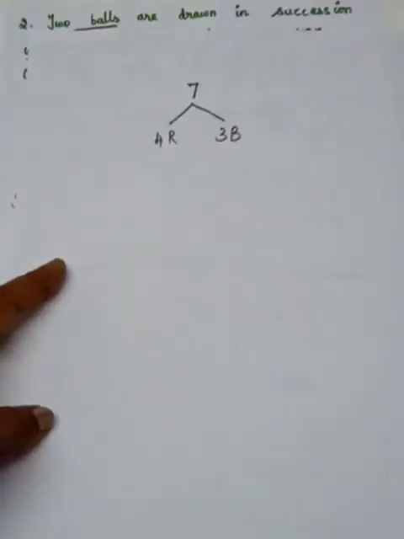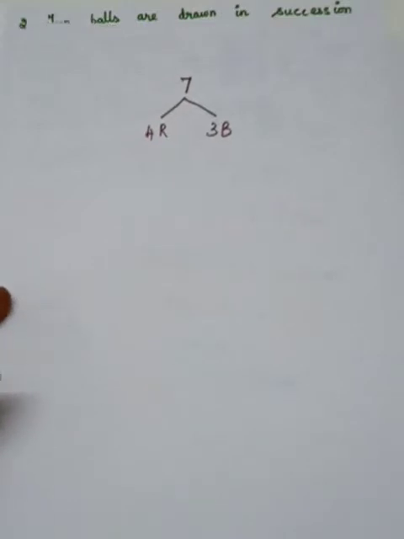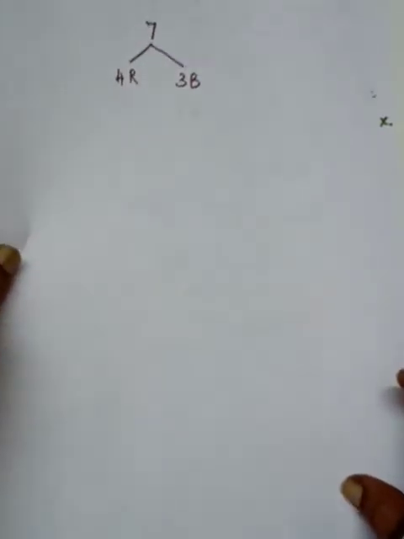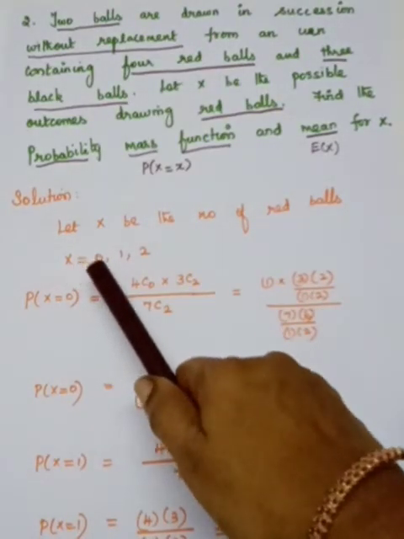You see now here 2 balls are taken from the urn one by one without replacement. If you take the first ball, it may be black. If you consider the second ball, that is also black, then how many red balls? It is 0. So the random variable takes value 0.